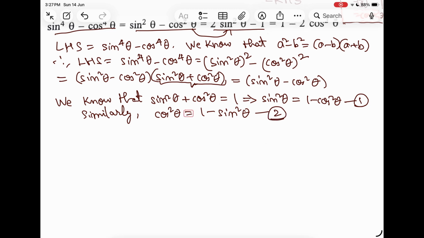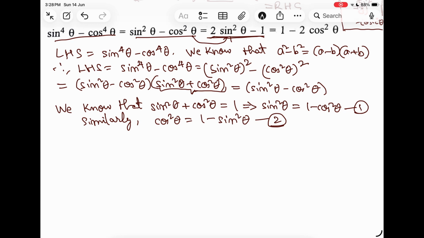All right. Now clearly, in the above term that we have to prove, that is 2 sine square theta minus 1, we don't have any cos theta terms, right? We don't need the cos theta terms. So we have to convert the cos theta terms, that is the cos square theta. We have to use this identity, that is the second equation, right? In order to convert it into sine terms.